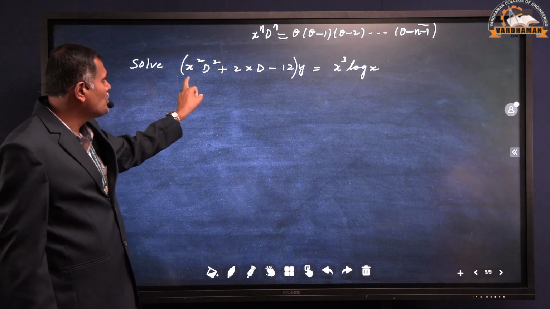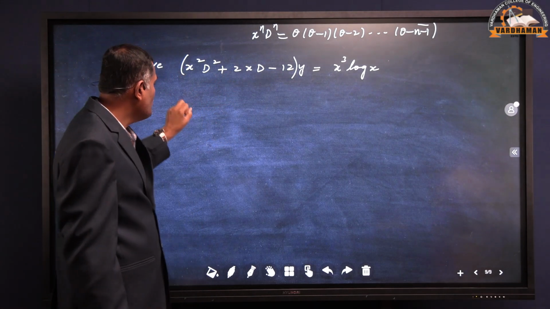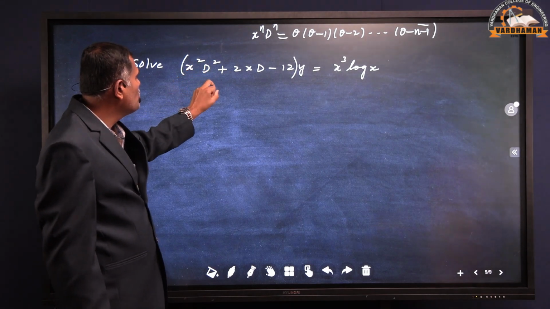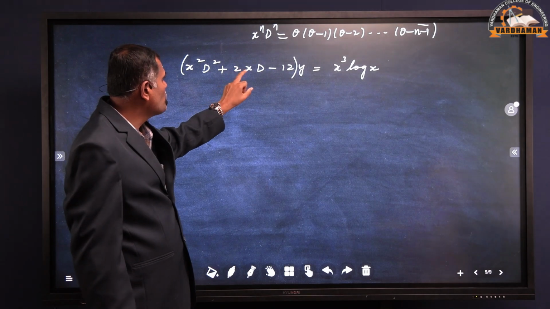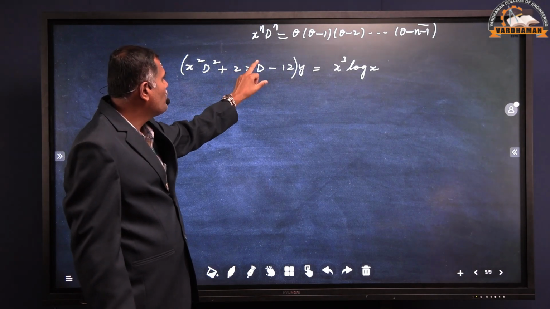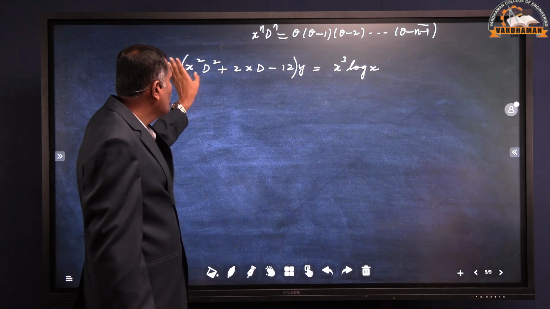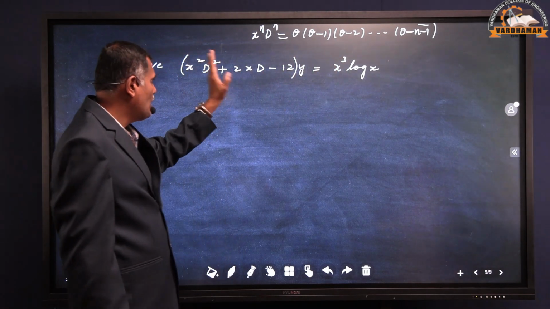Clearly it is a Cauchy-Euler linear differential equation because it is of the form x power 2 into d power 2 plus some constant into x power 1 into d power 1 and so on. So this linear DE is known as Cauchy-Euler linear differential equation.